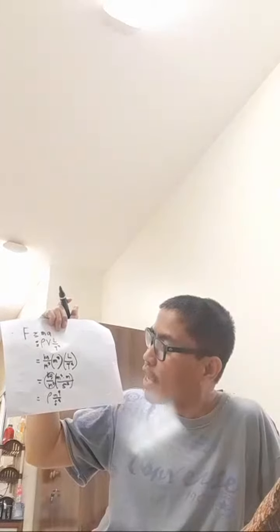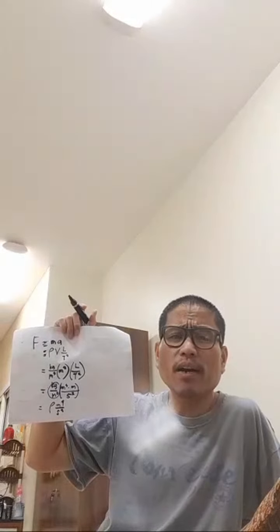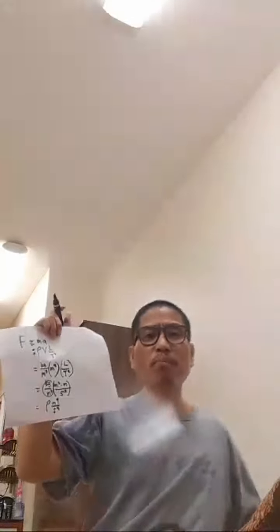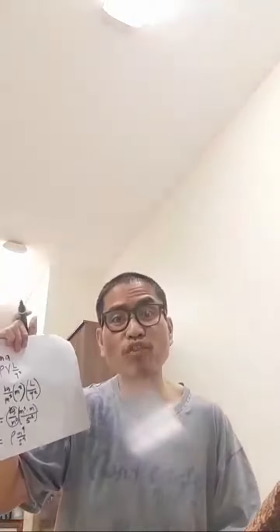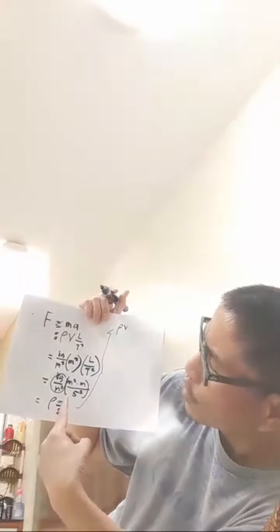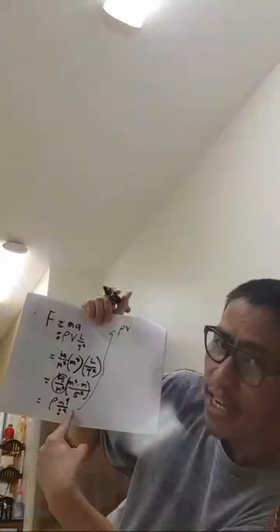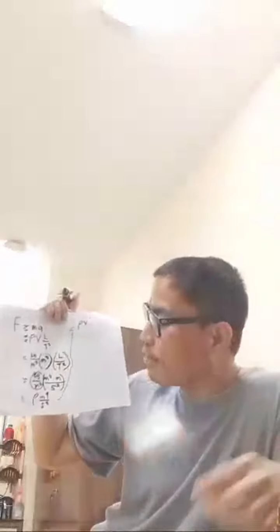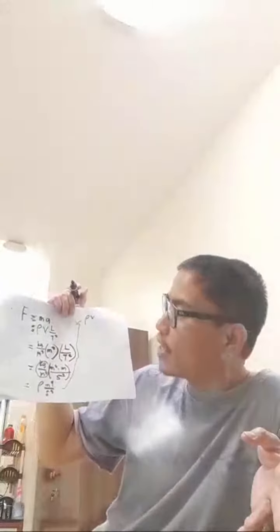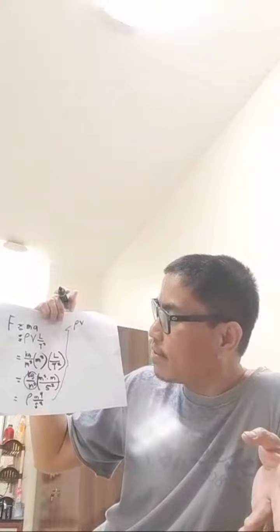So m to the 4 over s squared. If we simplify that one, we can still obtain velocity. The formula of velocity is meter per second. So let's break this down. Since you get the velocity already, what will be left is meter cubed and second. Because that is m to the 4, you take away one m, so what remains is m cubed. You take away one s, so what remains is only s.